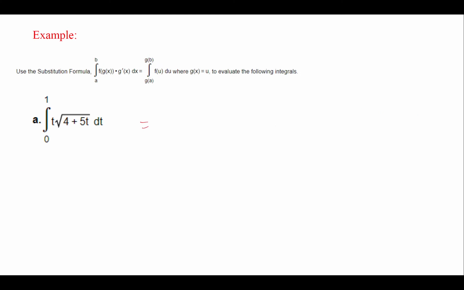It will be 1 over 25 times 2 over 5 u to the power 5 over 2, minus 4 times 2 over 3 u to the power 3 over 2, with limits 4 to 9. Now we need to put u equal 9 here first.